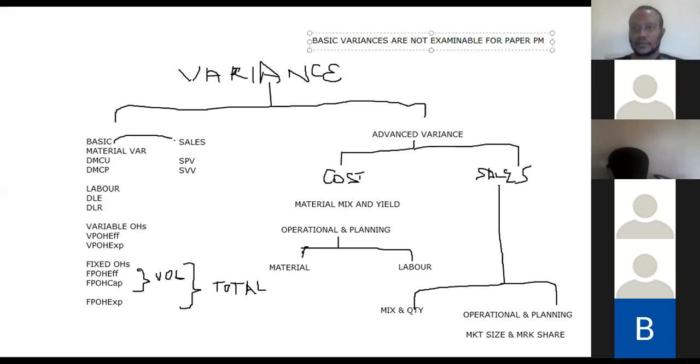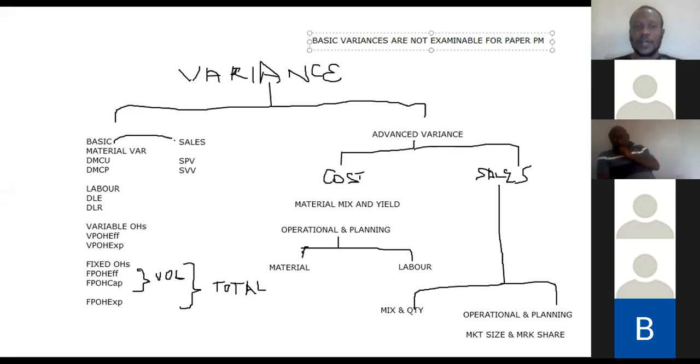Are you seeing our note now? Are we on our notes? No, we have been on the whiteboard. No, I'm still seeing variance. Can you see these 6 variances?